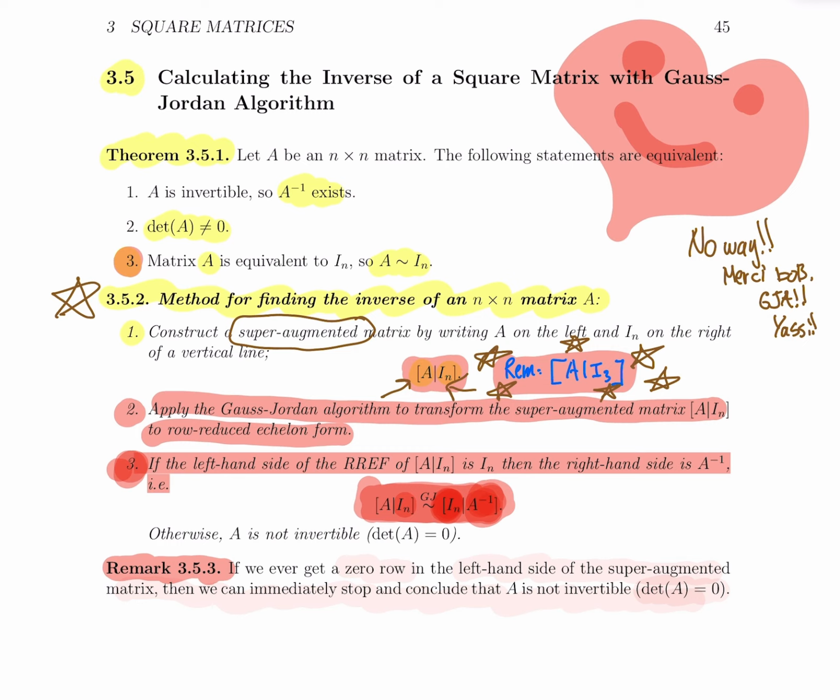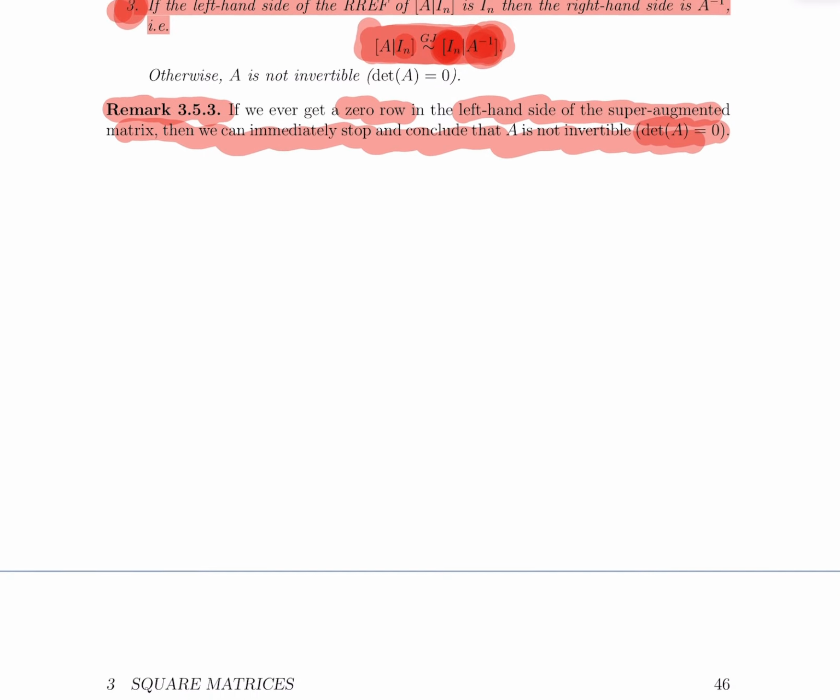If you apply Gauss-Jordan, at some point during your algorithm you're going to get a row of zeros on the left side. If on the left side of the super augmented matrix you get a row of 0s, this means that there's no inverse. This means that the determinant is 0. You can just stop there. There's no inverse. And actually, our first example will be exactly like that.